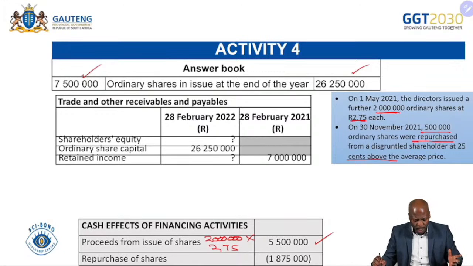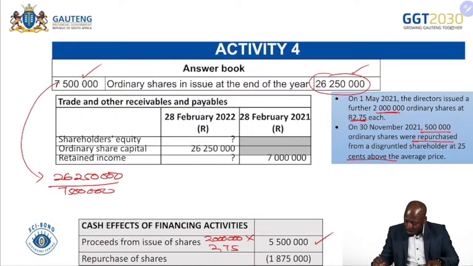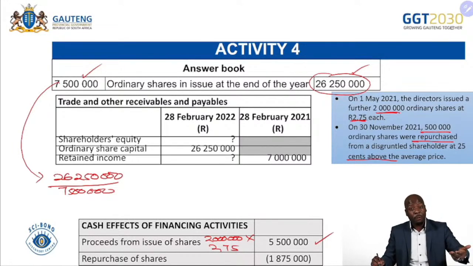It is easy because we have some figures. We have the 26,250,000, which is your share capital at the end, and then you divide it now by your 7.5 million. I can do this because after the repurchase of shares, there was no other issue of shares. If a new issue of shares occurs, it will then change the average price.